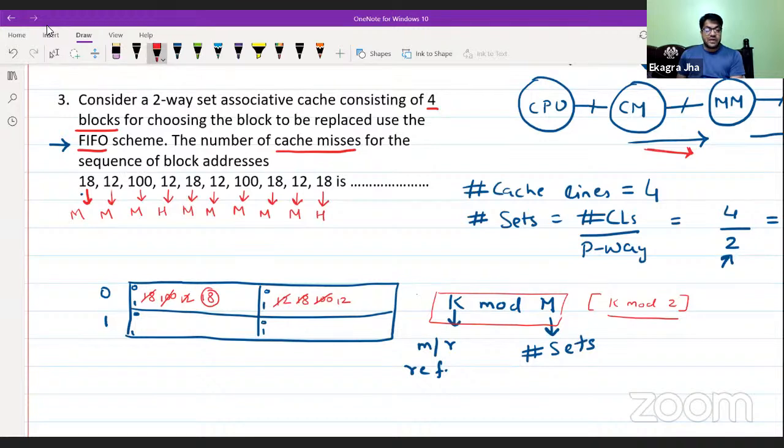So all you need to calculate is the number of misses we have. So this is 1, 2, 3, 4, 5, 6, 7, and 8. So 8 cache misses are there. Okay. This is the right answer.